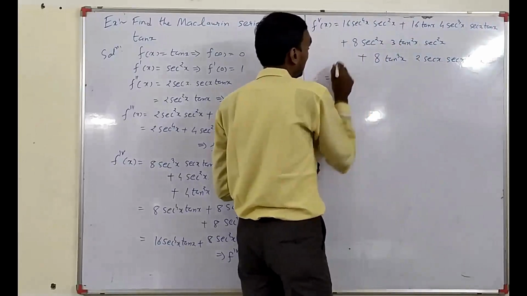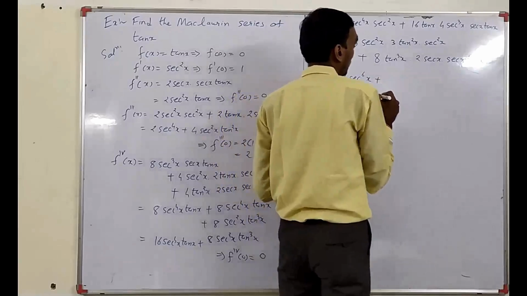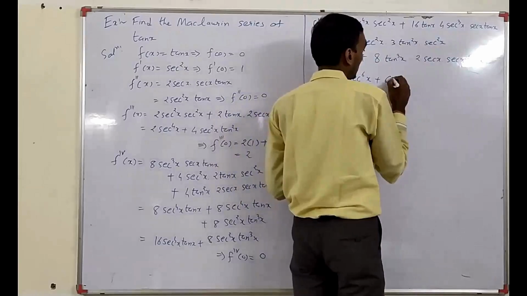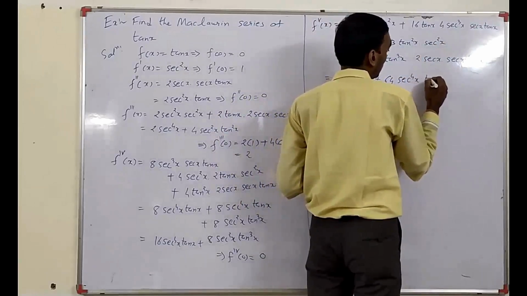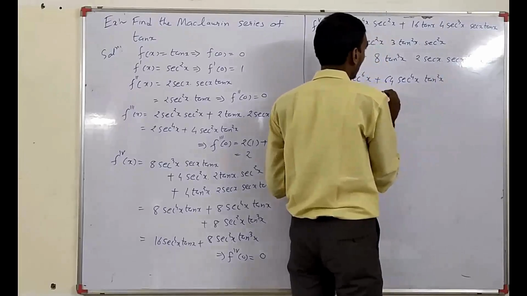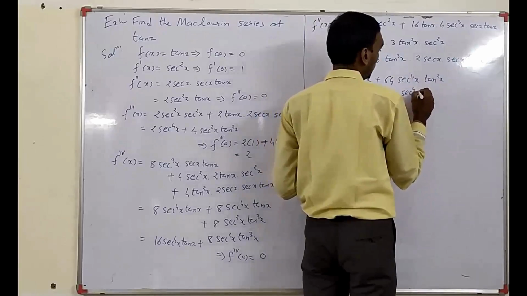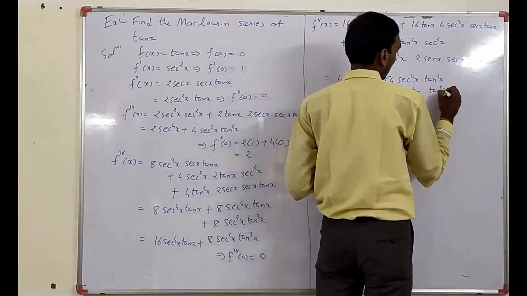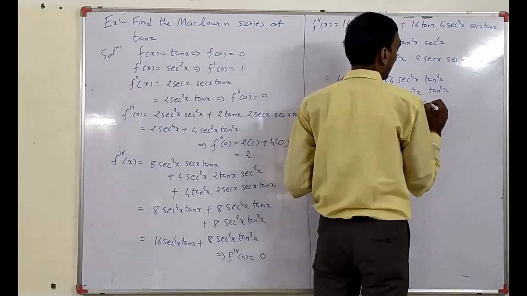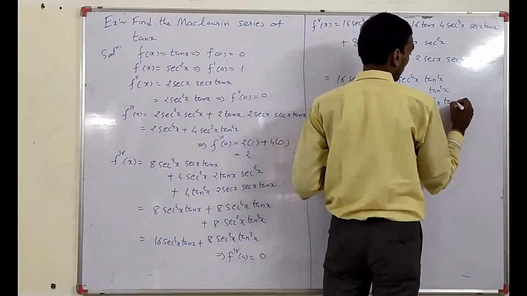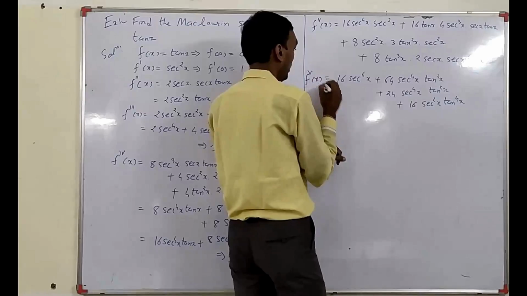So simplifying this term, that will give 16 sec raised to 6 x plus 16 into 4 is 64 sec raised to 4 x tan square x plus 8 into 3 is 24 sec raised to 4 x tan square x plus 8 into 2 is 16 sec square x into tan raised to 4 x, and that implies this is your derivative f^(5)(x).